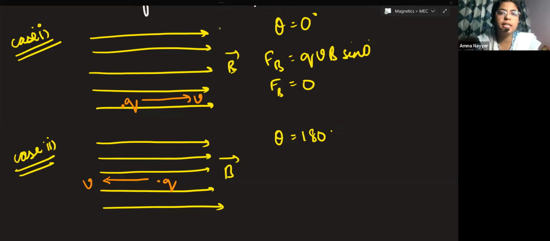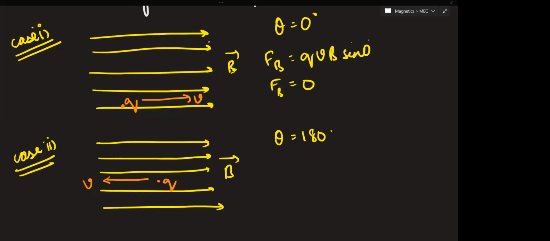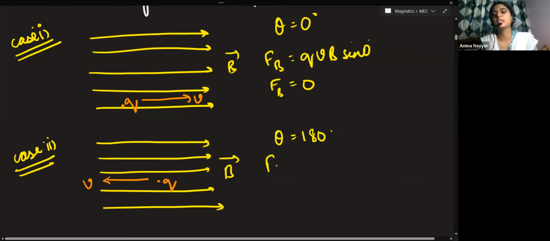That would have been minus 1, Fatima, had it been cos. Cos 180 is minus 1. Sine 180 is 0. All right. So this also becomes 0. So in these 2 cases, you don't have any magnetic force.